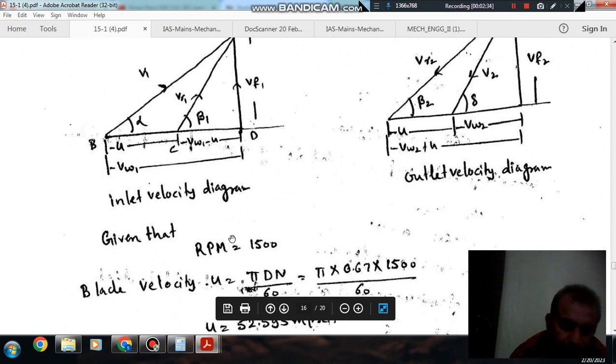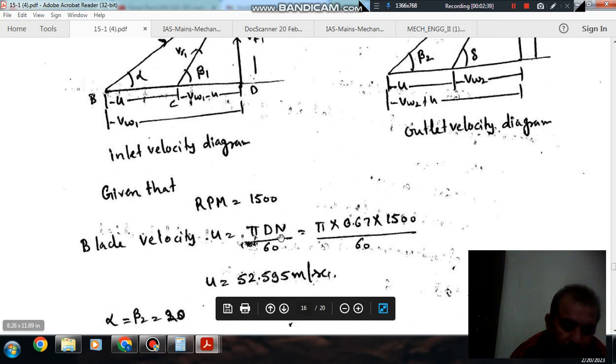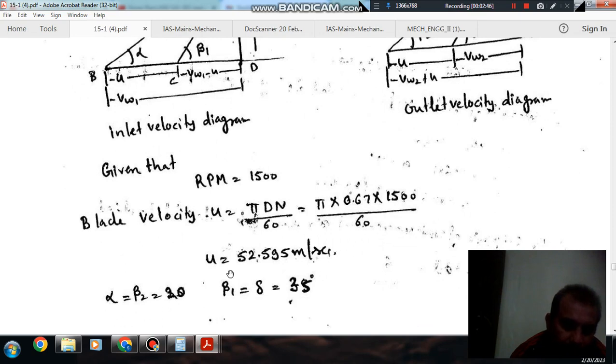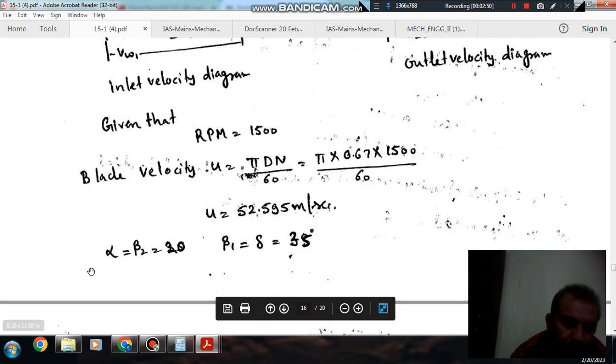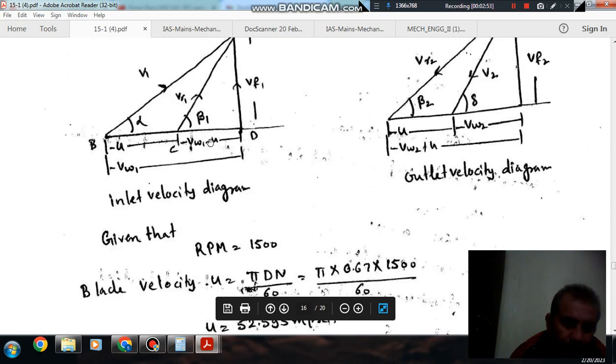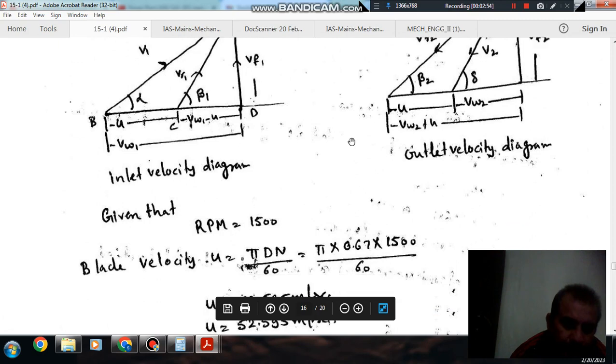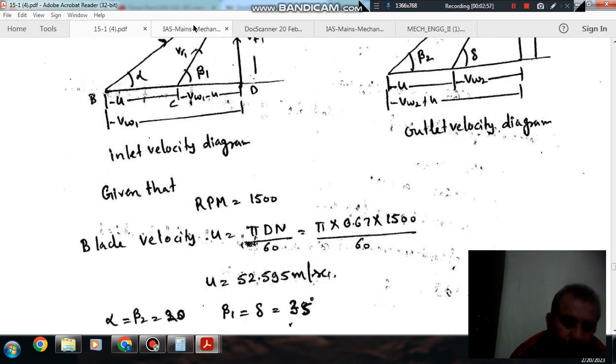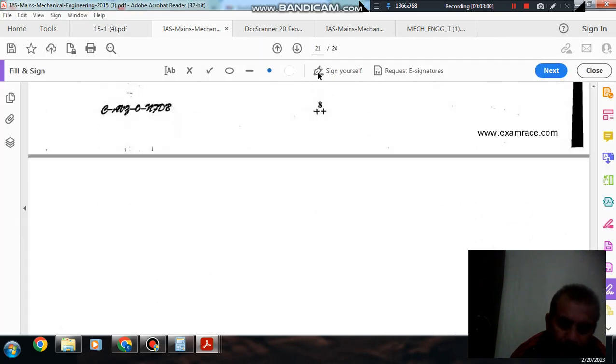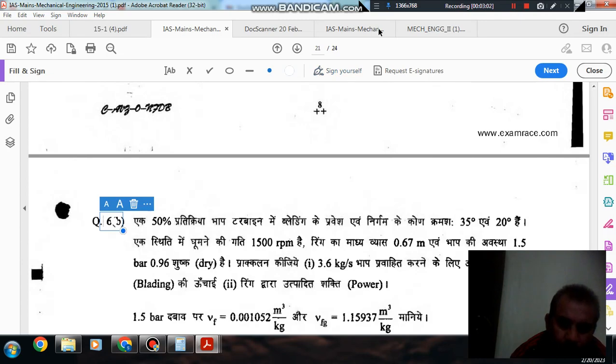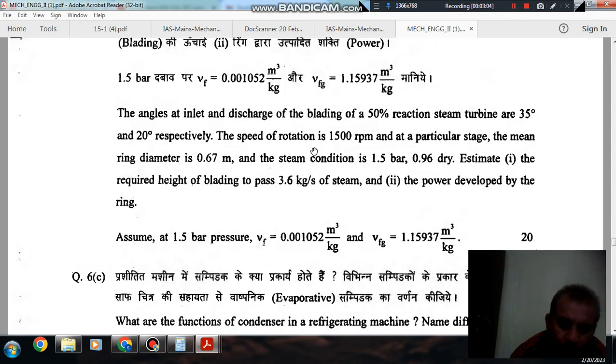Given that the RPM is 1500, blade velocity is pi D N by 60, where diameter is 0.67 meters and N is 1500 rpm. So blade velocity is 52.595 meter per second. Alpha is equal to beta 2, which is the outlet blade angle, given as 20 degrees.